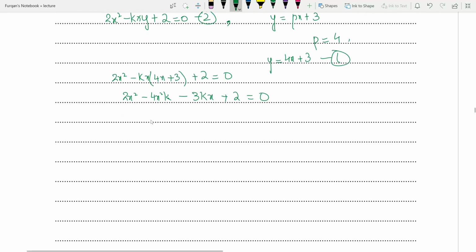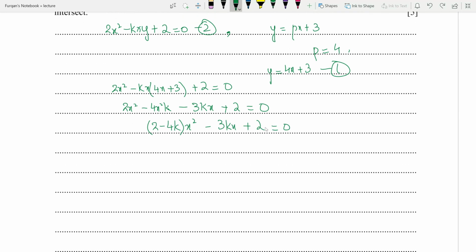Solving further, we have (2 minus 4k)x squared minus 3kx plus 2 equal to 0. So we have a quadratic equation. This quadratic equation will not have any real root if the discriminant is less than 0, meaning no real values of x.